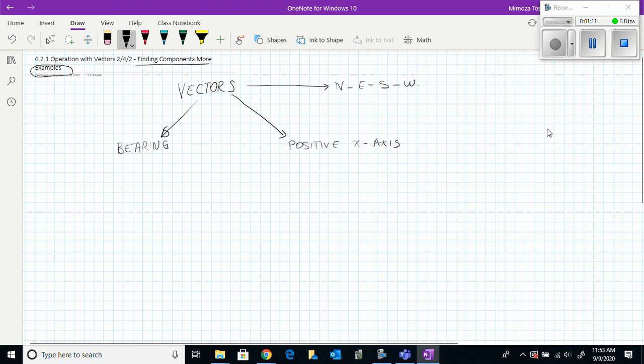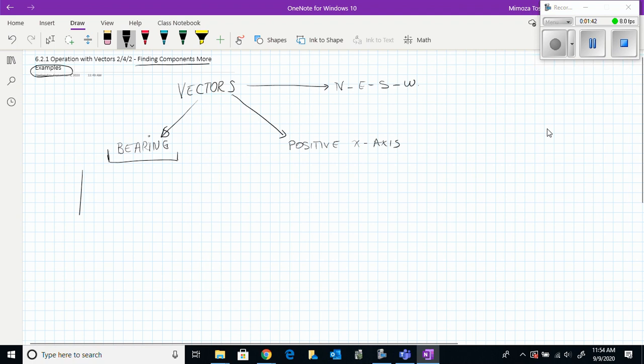So when we are talking about bearing, along with the magnitude, which is the numerical value of the vector and is represented by the line segment in the graphical representation, we have to identify the angle from the north axis, clockwise.